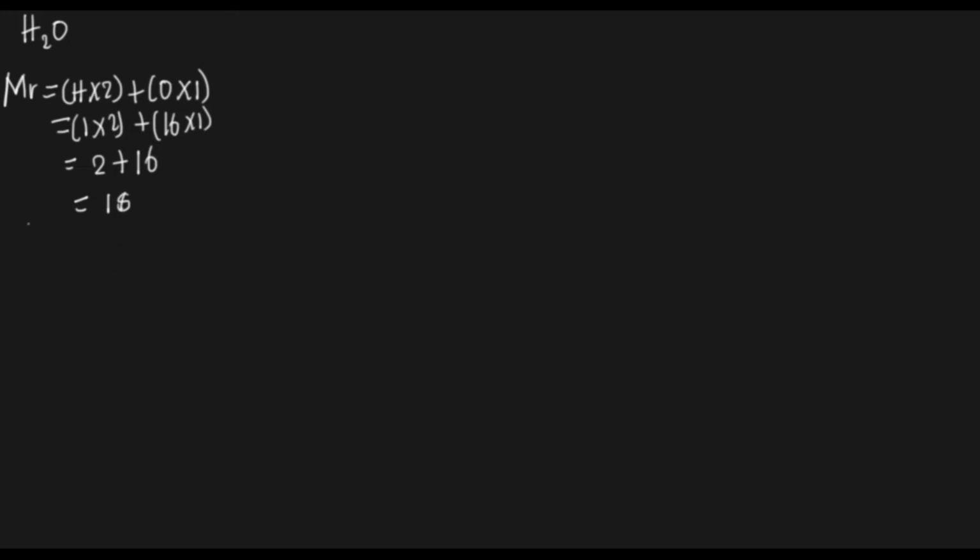Now, if we add grams per mole, so this 18 becomes 18 grams per mole, this now becomes what we call the molar mass. The difference between the relative molecular mass and the molar mass is that relative molecular mass has no units, while molar mass is measured in grams per mole.